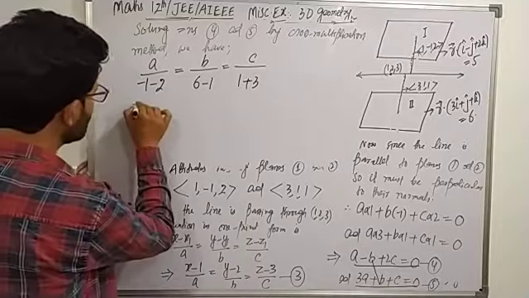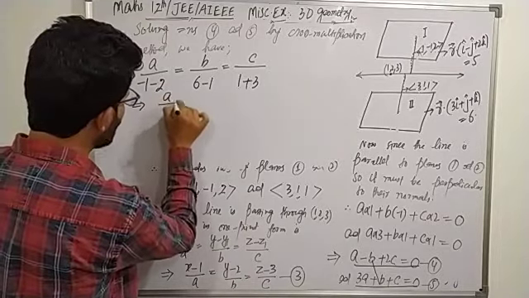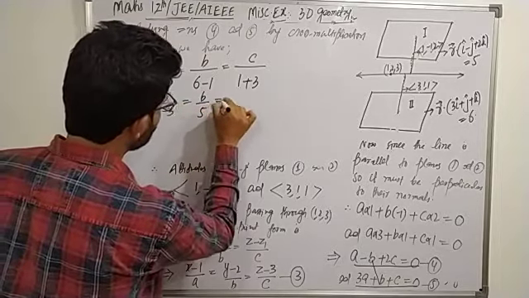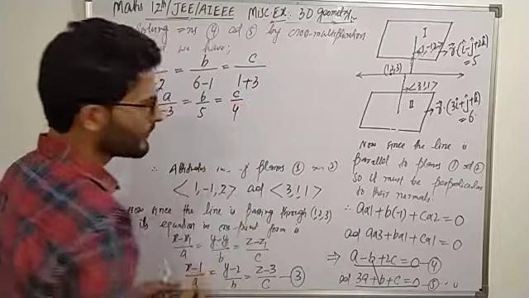So from here we will get a divided by -3 is equal to b divided by 5, and that's equal to c divided by 4.